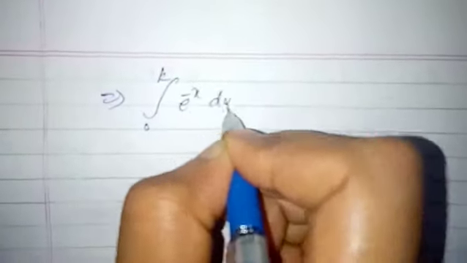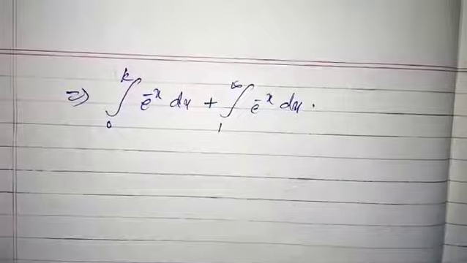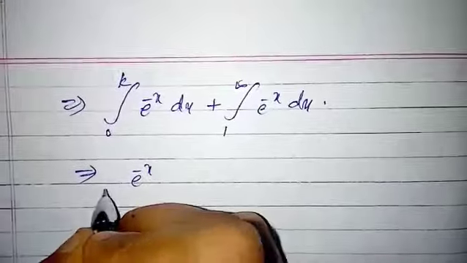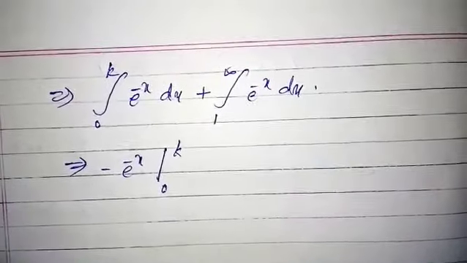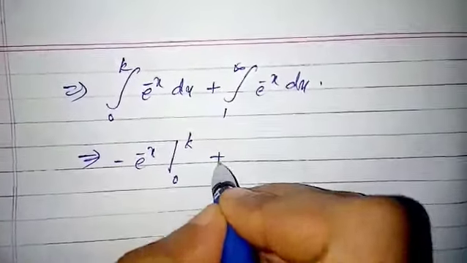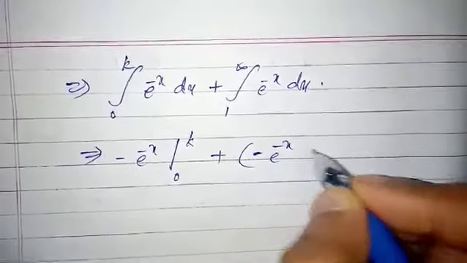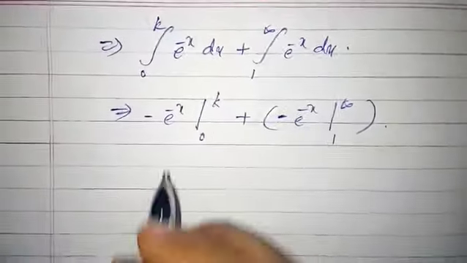Which implies the integral from 0 to k of e power minus x dx plus the integral from 1 to infinity of e power minus x dx. Integrating this term, we get minus e power minus x from 0 to k, plus minus e power minus x from 1 to infinity.